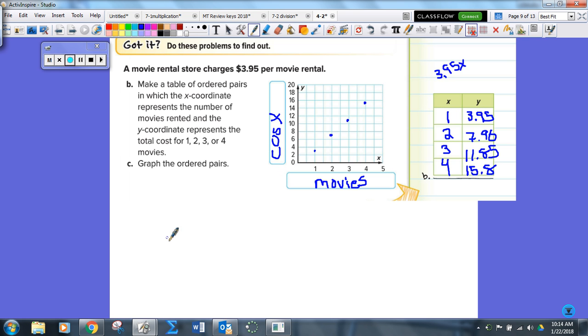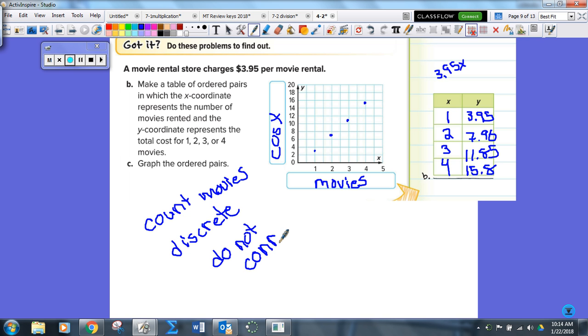And this is something we're going to start talking about a lot. I would count the number of movies. Therefore, this is what we know called discrete data. So I do not connect. Turn the page.